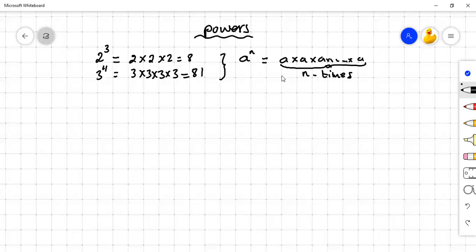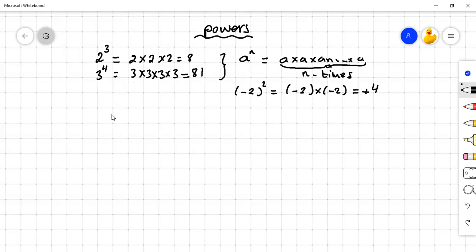Let's take an example with negative numbers. If we have, for example, minus 2 power 2 exponent 2 is equal to minus 2 times minus 2, which is equal to minus times minus is a plus, and 2 times 2 is 4, which is equal to plus 4.